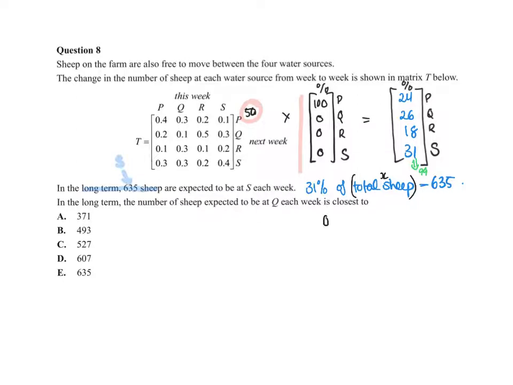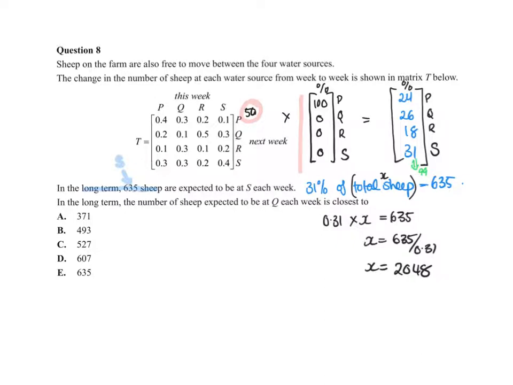So we're going to say 0.31 times X equals 635. You can do solve on your calculator or just divide like that. So if we do that on our calculator, we get 2,048 sheep in total.